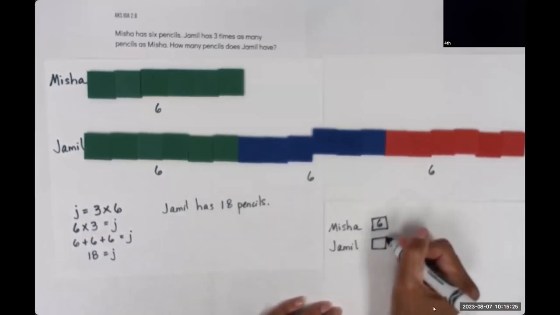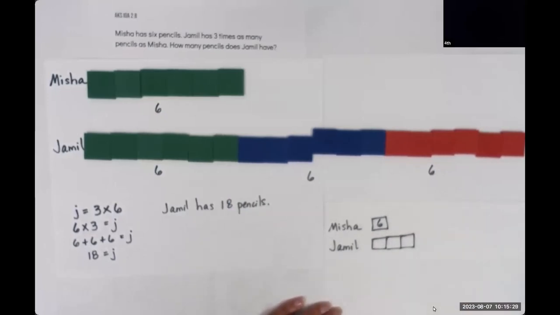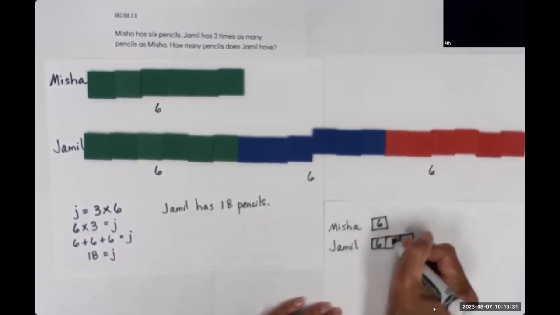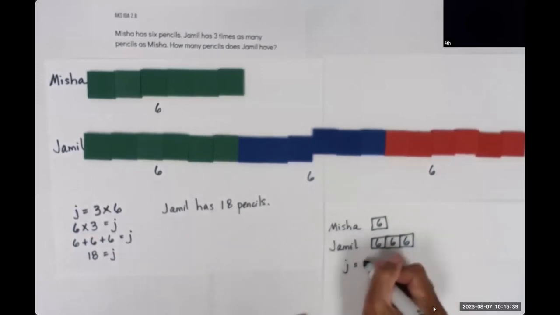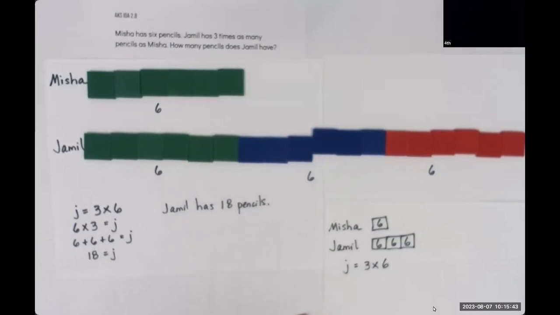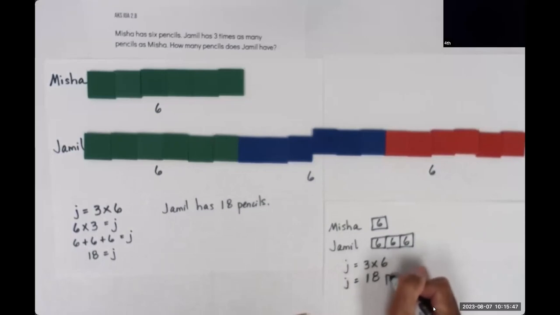So Jamil would have 3 groups of Misha's pencils. So 3 times Misha's quantity would be 3 groups of 6. So Jamil has 3 times Misha, 3 groups of 6. Jamil has 18 pencils.